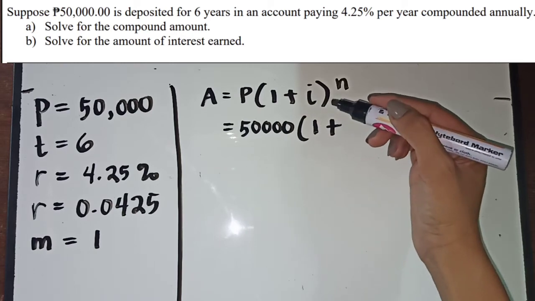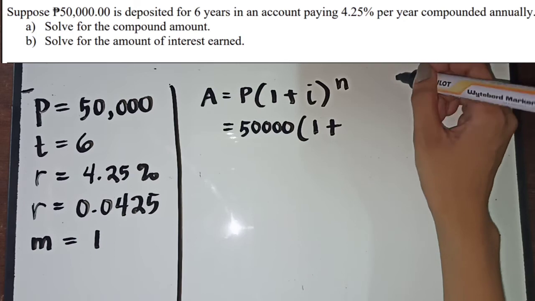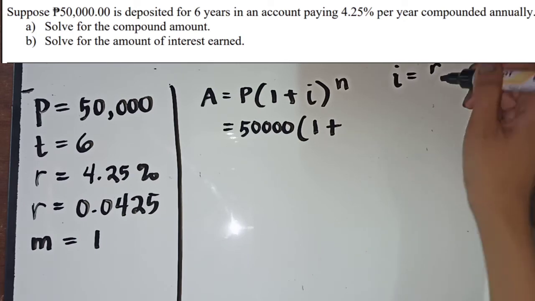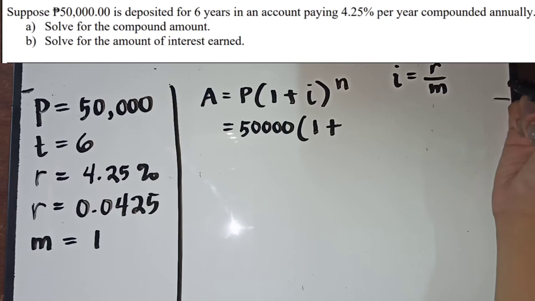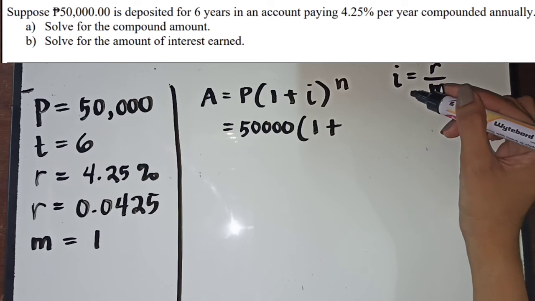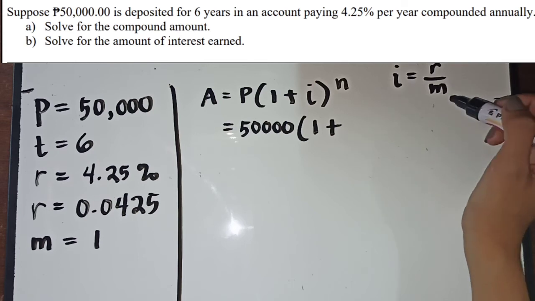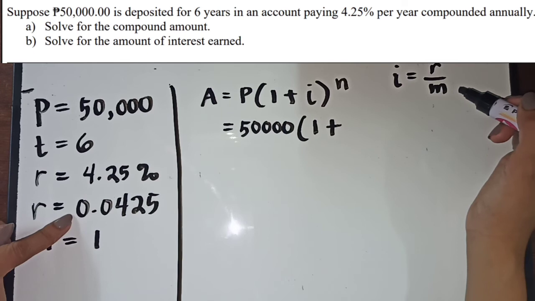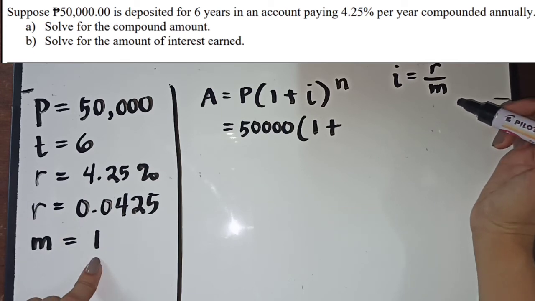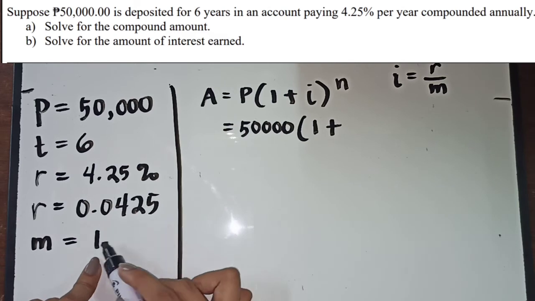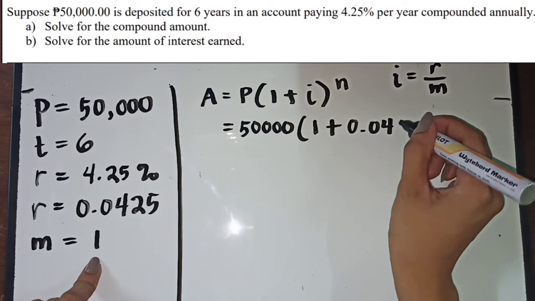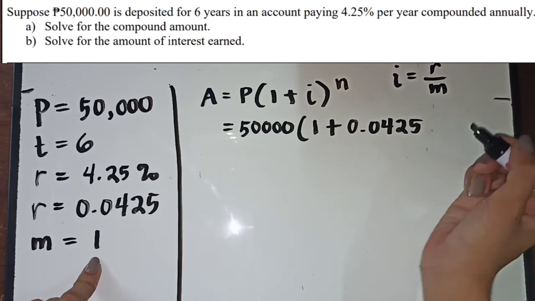To solve for I, the formula is I is equal to R over M. The value of our R is 0.0425 and the value of our M is 1. So 0.0425 divided by 1 is equal to 0.0425.